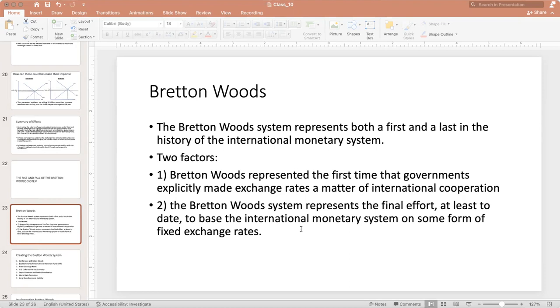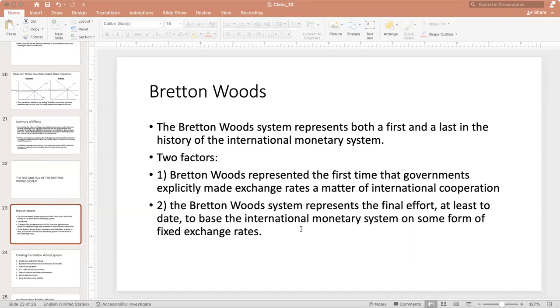least to date, to base the international monetary system on some form of fixed exchange rates. The system aimed to achieve stability by pegging currencies to the US dollar, which was in turn tied to gold. The fixed exchange rate arrangement provided a predictable and relatively stable environment for international trade and investment.